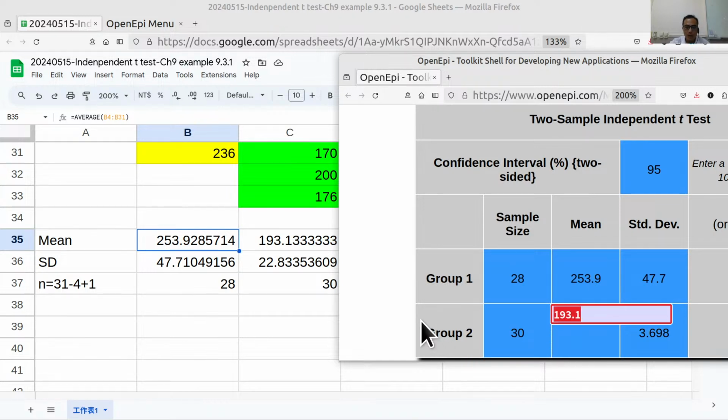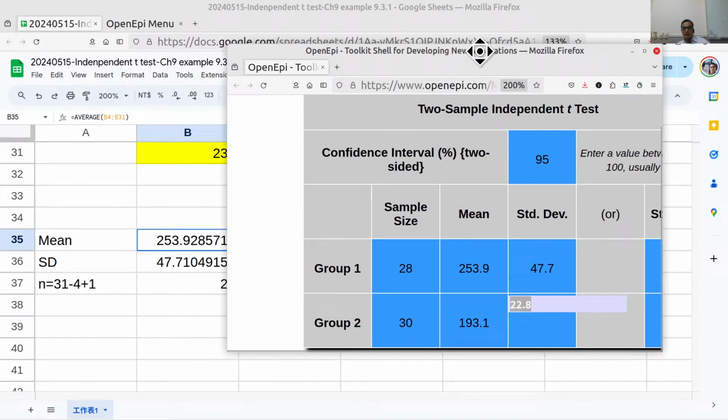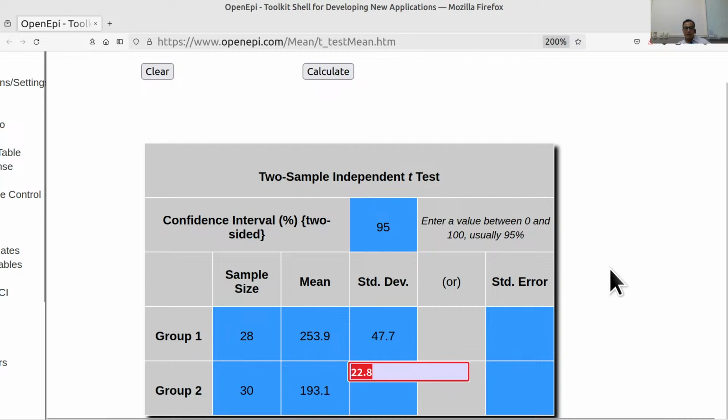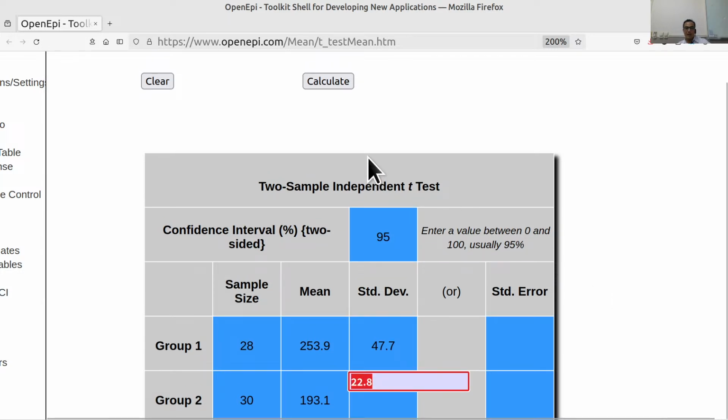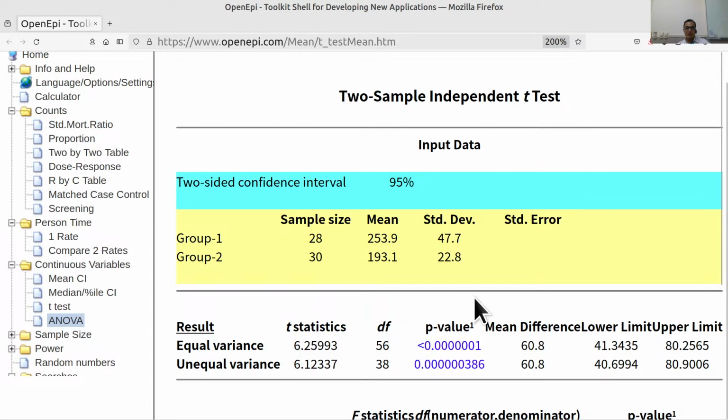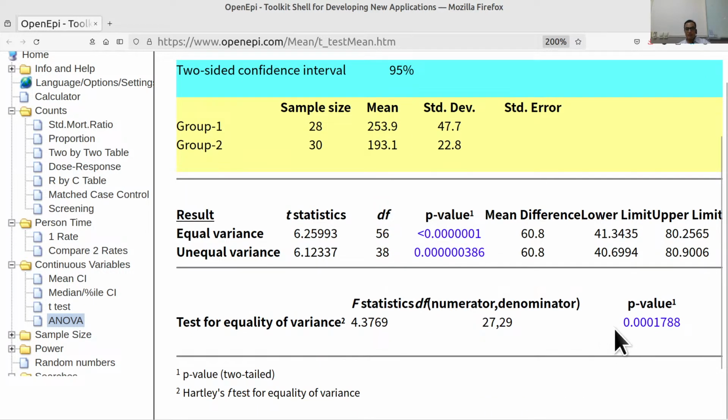193.1, and the standard deviation 22.8. Then, okay, click calculate. From the calculation, we can see the p-value is here.